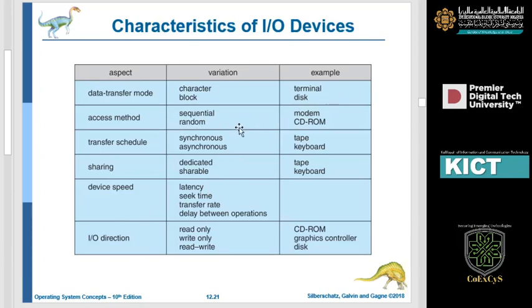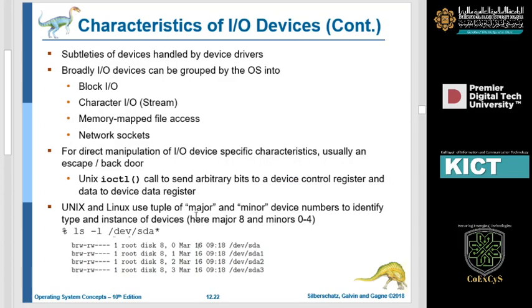Access method can be sequential, random. We're talking about CD-ROM. A transfer schedule, this would be like tape or keyboard. Sharing would be tape or keyboard. Some device speed, we're talking about hard disk, talking about seek time, transfer time, and so on. Right? So, some characteristics of the IO devices themselves.